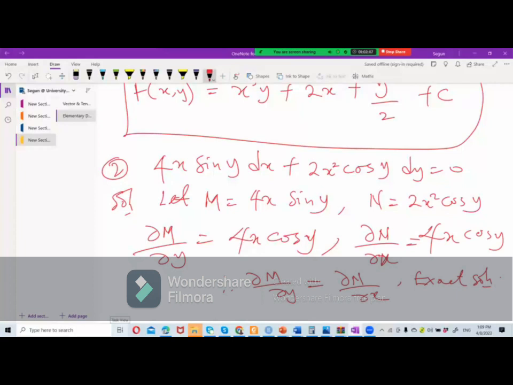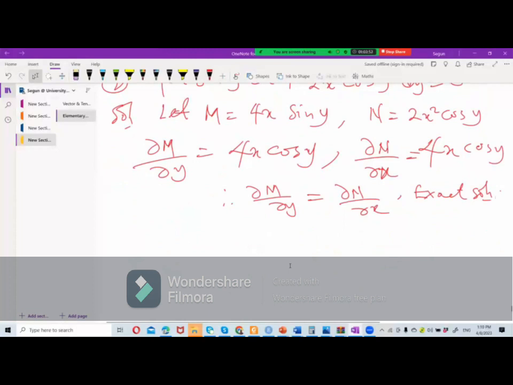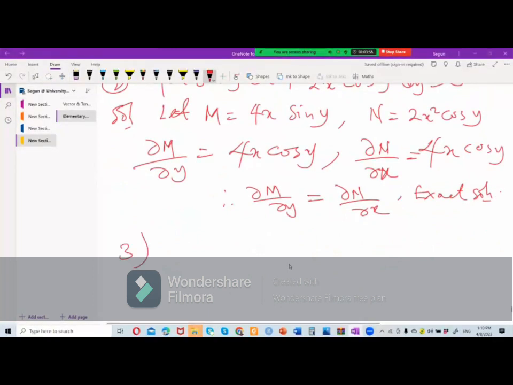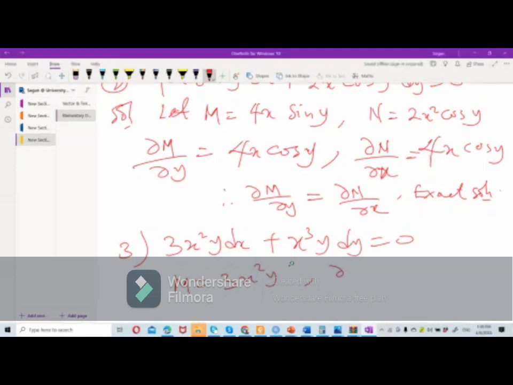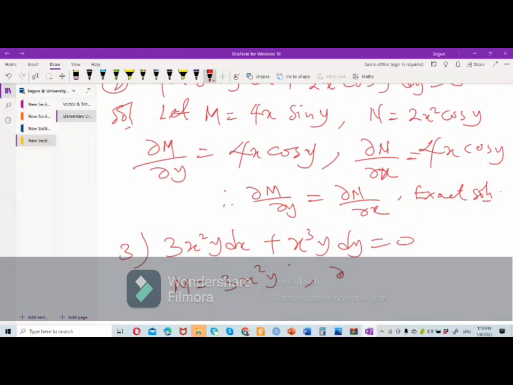The equation is exact. So if I give you another one, number 3, x squared y dx plus x cubed y dy equals 0. What is m? M in this case is 3x squared y, and our n is x cubed y.